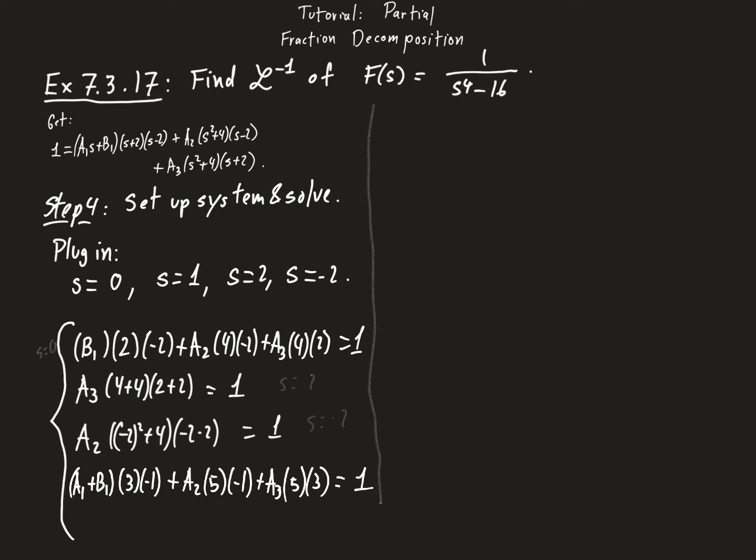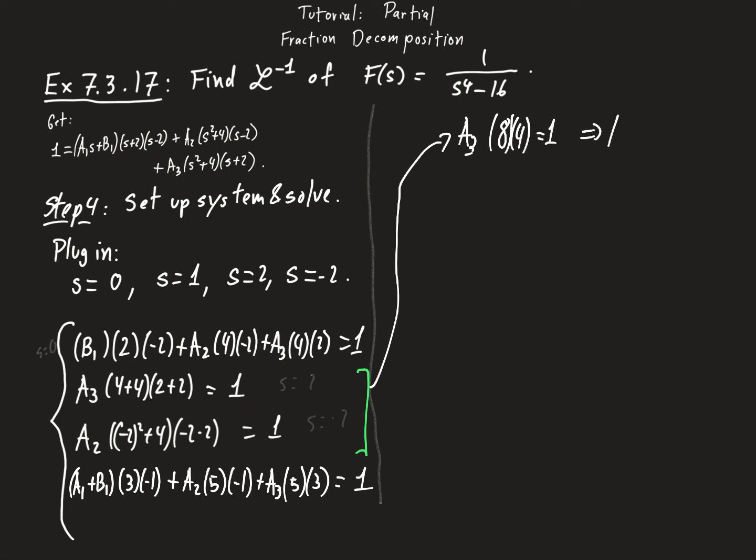All right. So the nice thing about this system is that when we plugged in 2 and negative 2, we got a lot of cancellation. And so these 2 equations right here can both be solved rather quickly. So the first one gives us that a3 times 8 times 4 is equal to 1.